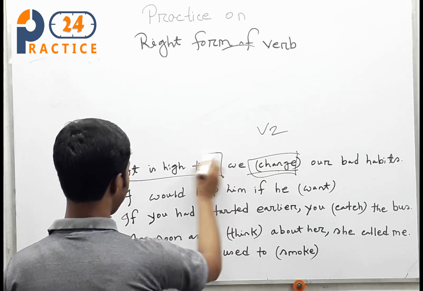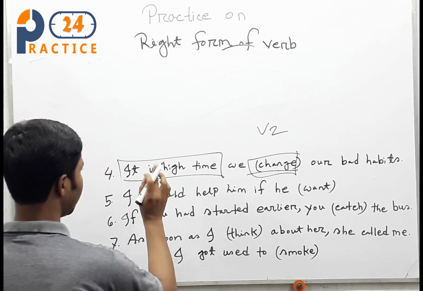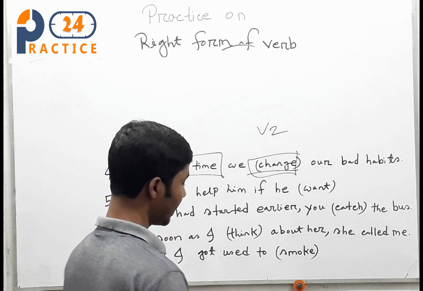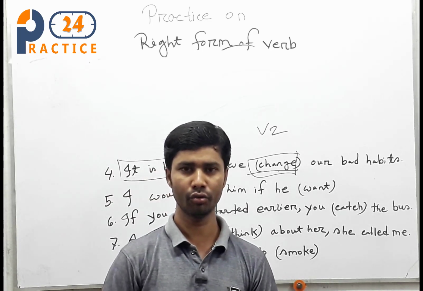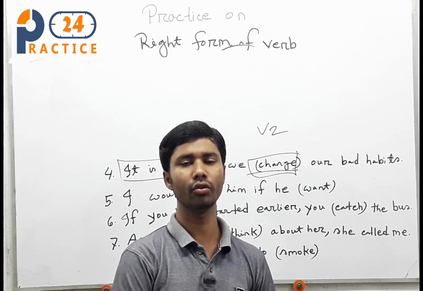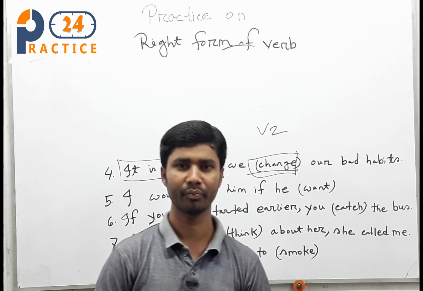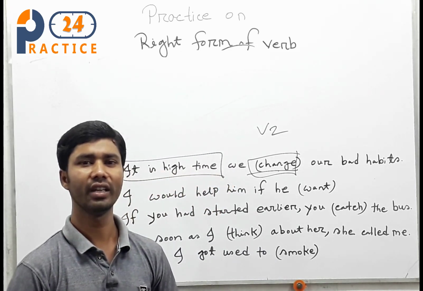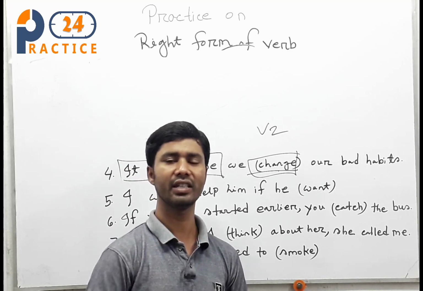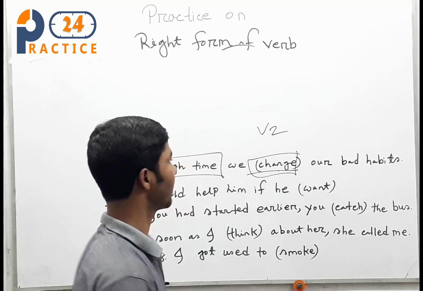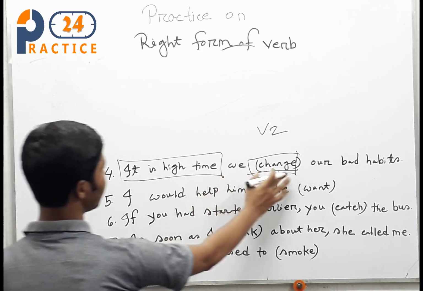So it is time and it is high time is the rule here. If you find the words it is time and it is high time in any sentence, there are two rules. It is high time to go: to plus verb present form. And if you find it is time and it is high time plus subject plus verb, then you have to write your verb in past form. And here is the example: It is high time we changed.